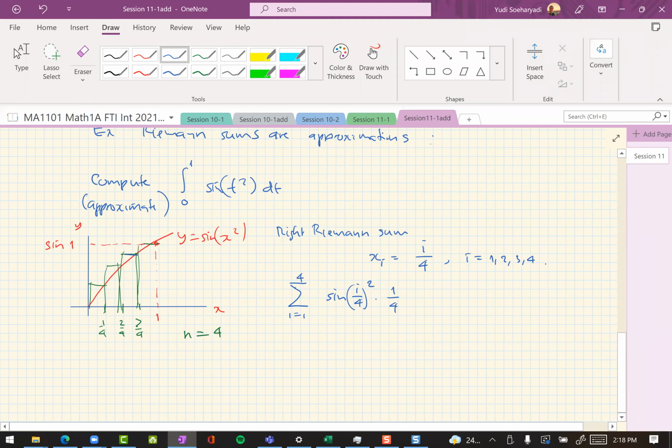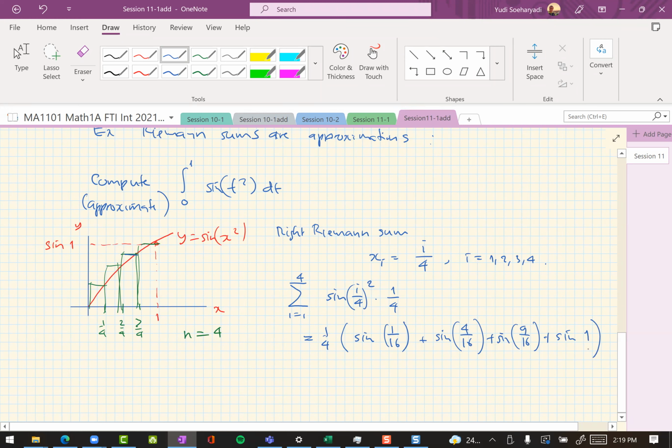This is the right Riemann sum, and if you compute this you should get 1/4 times sine of 1/16, plus sine of 4/16 for 2/4 squared, and so on. The last term is 16/16 sine 1.